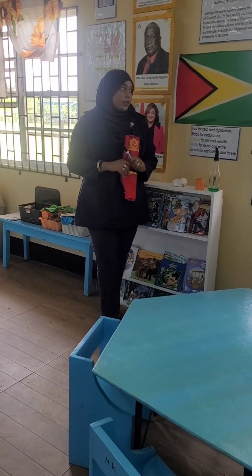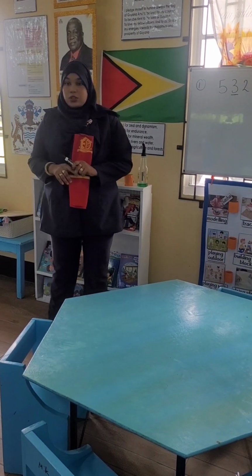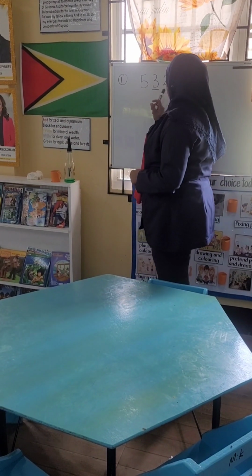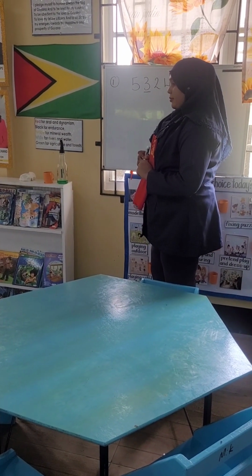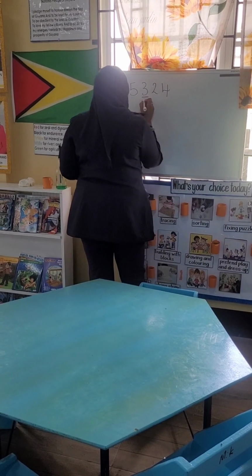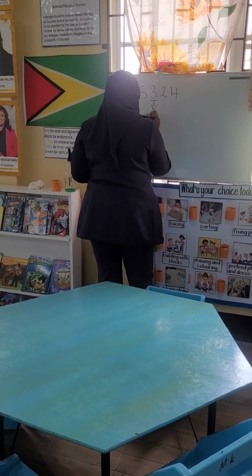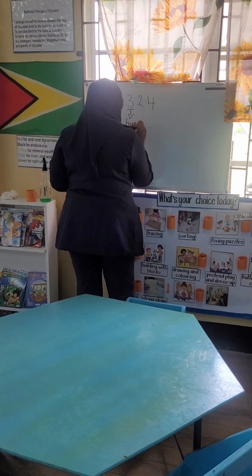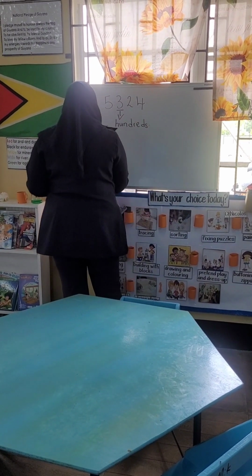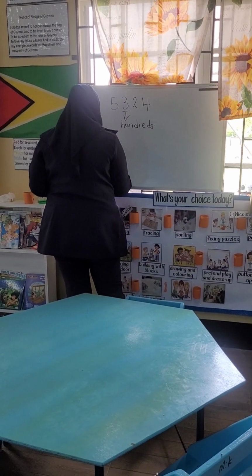What is that number? 3. Very good. So what is the place value of 3 in this number? Hundreds. Very good. Yes. The place value of this number is hundreds. Let's move on to the second one.